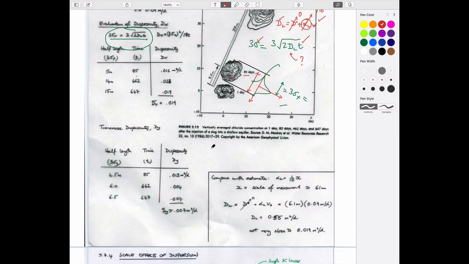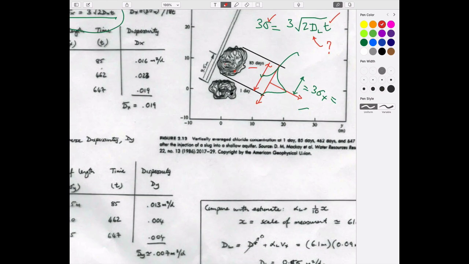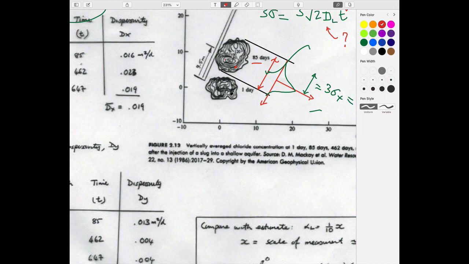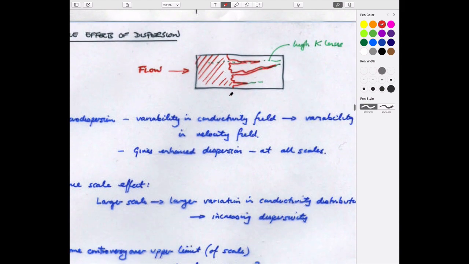Bottom line is, to get this aquifer scale dispersion, you probably need to do experiments at that scale, otherwise you're way off. Also, it's helpful if you do it under the same gradient that's flowing in the aquifer. You dump this stuff in, and it's happily flowing at the conditions it's already flowing at. You're not pumping it in, you're just putting it there and allowing it to be carried down gradient. The reason for the dispersion is that you get high-speed conductor zones and zones that don't.